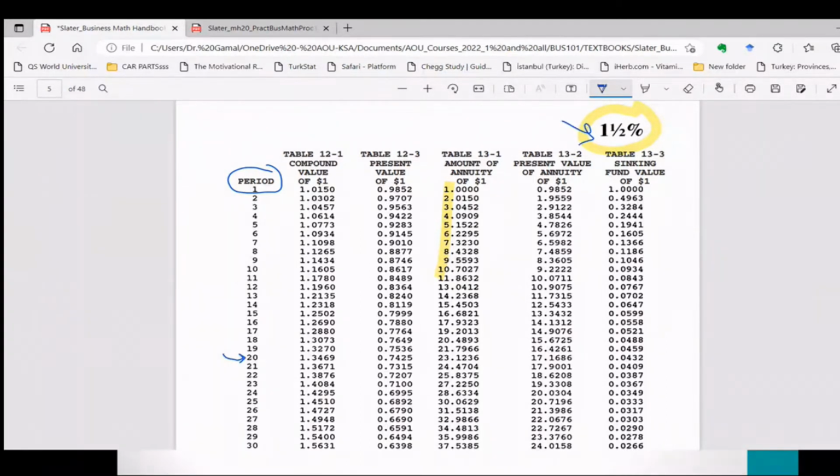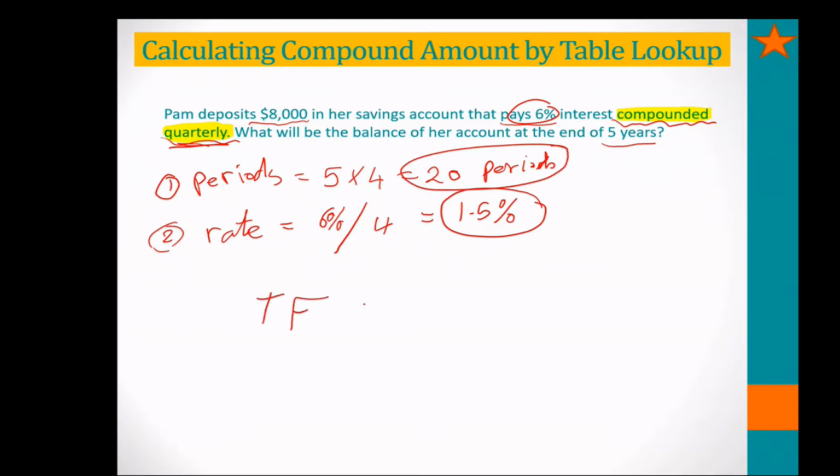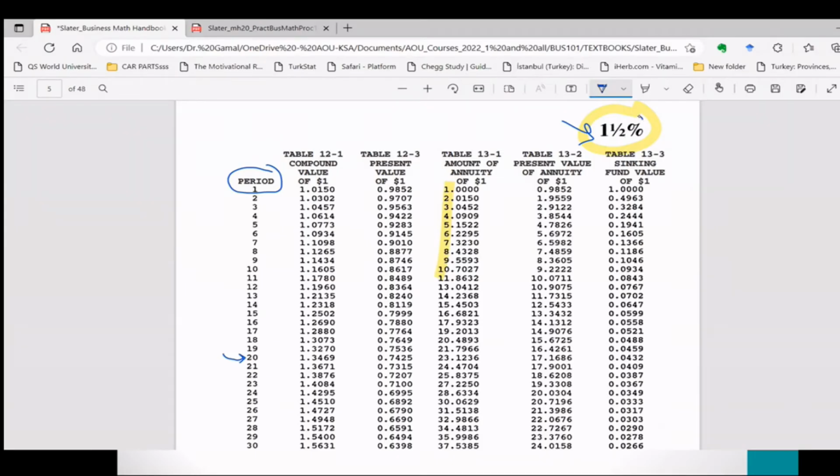Okay, what is the rate? I need to calculate the rate. The rate here is 6%. 6 divided by 4 equals 1.5%. So at 1.5%, 20 periods, I need to look for the table factor. This is 1.5, at 20 periods.